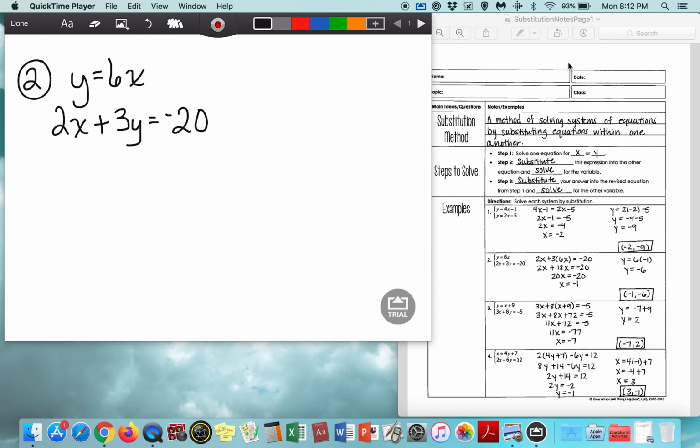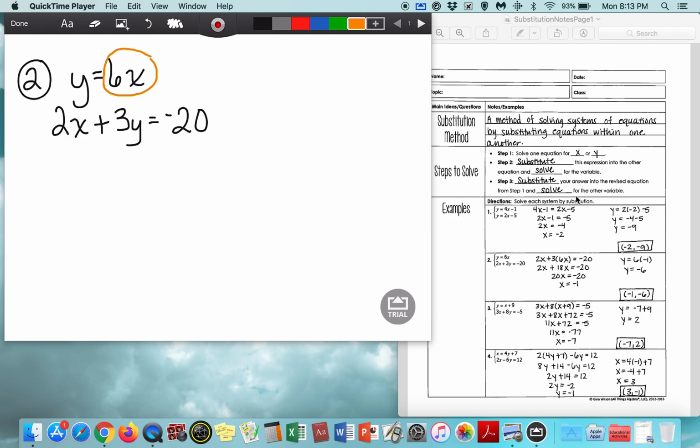All right, so we're going to do three of these together from this page of notes, going from easier to harder. Take a look at example number 2. The idea is if in one of the equations you can get one of the variables by itself, it doesn't have to be the x or the y. In this example, it's already ready for you: y equals 6x.